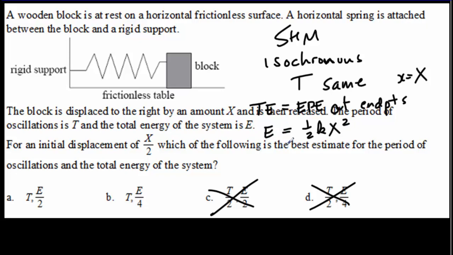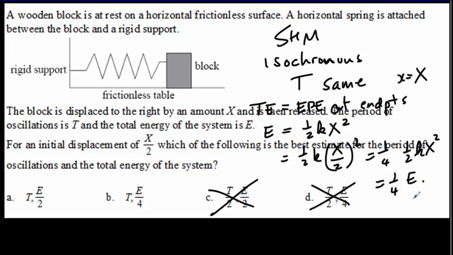That's our total energy E. Now in the second case, where our amplitude now would be this capital X over 2, we would get 1/2 K times (X/2) squared, which is going to equal 1/4 of 1/2 K X squared, which is 1/4 of that original energy. So the correct answer here is answer B.